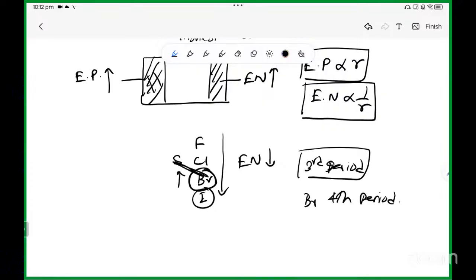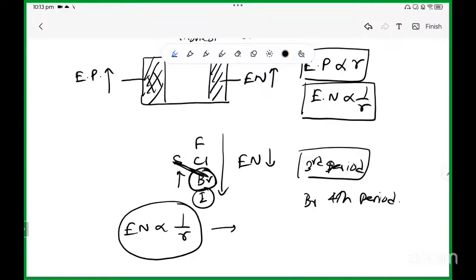But out of these two, due to the chemical characteristics, and also because it is in the 17th group, bromine has higher electronegativity than sulfur. You have to remember this point. Even though bromine has a higher radius compared to sulfur, it has higher electronegativity. That is due to the chemical characteristics. So EN inversely proportional to R is a general rule.